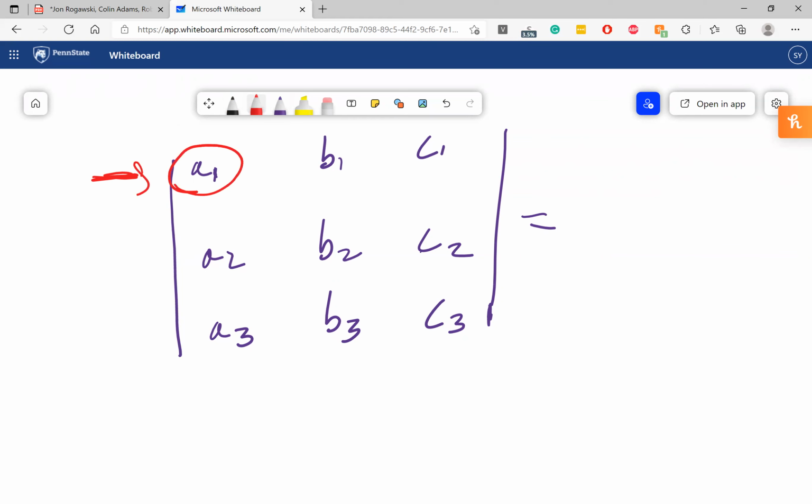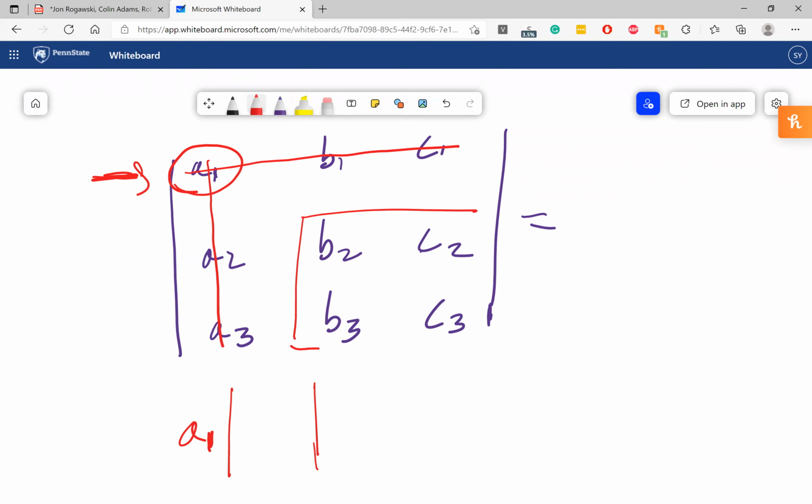You take this A1 and you put it here, A1. And then you take the determinant of the matrix that you get from blocking out these 2 lines and looking at this over here. So that's B2, C2, B3, and C3. Okay? Then you erase these lines.